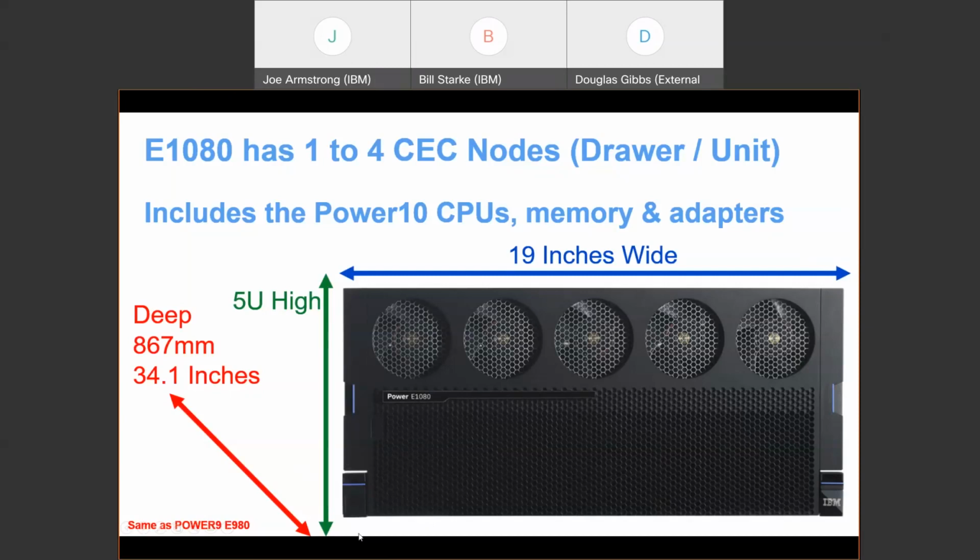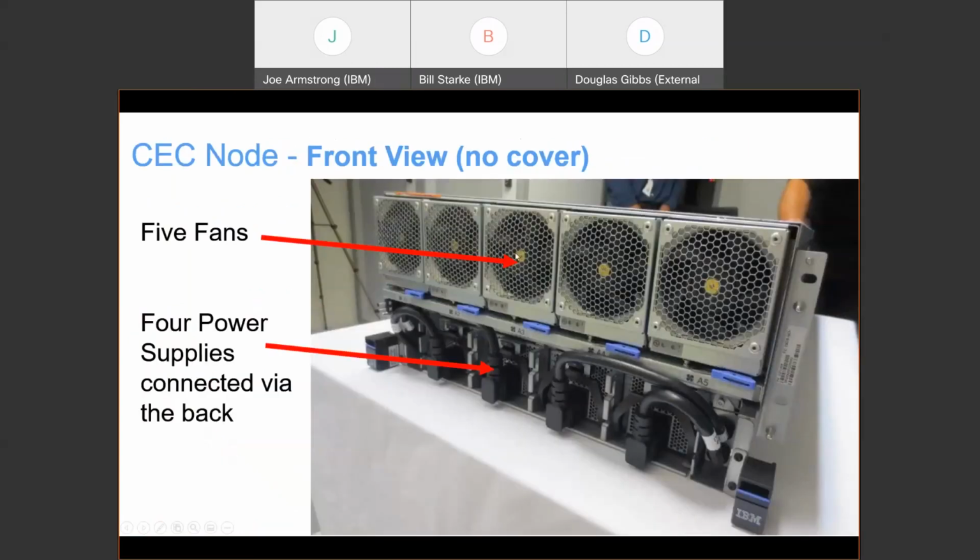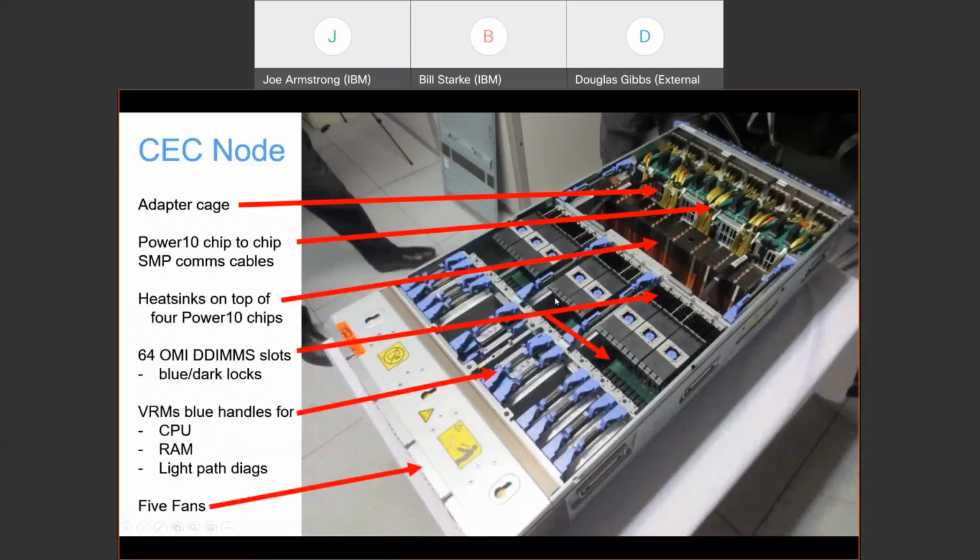If we take this front cover off, we'll see that we have the fans sitting in the front, and then the power supplies in the front. Okay, 4 power supplies. Redundancy, I think it can run on 2 power supplies, so redundant power supplies in the front. Take a look inside. You'll see the fans, and then the voltage regulator modules providing the correct voltage to all the different parts inside the system.